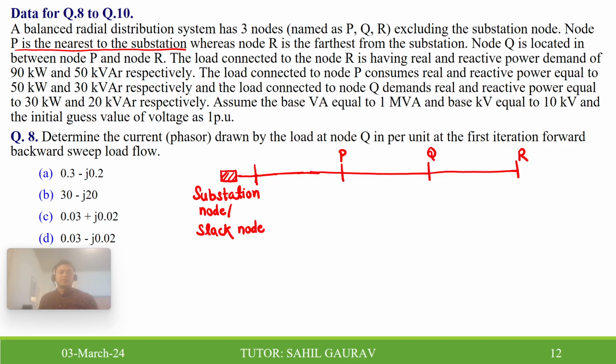From the problem, the loads at different nodes are given. Load at node P is given as 50 kilowatt and 30 kVAR. Whenever a question is given, you have to first make the single line diagram. At node Q, it is 30 kilowatt and 20 kVAR.